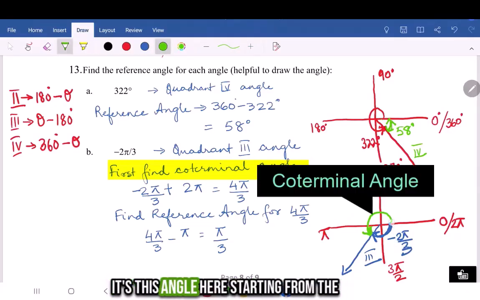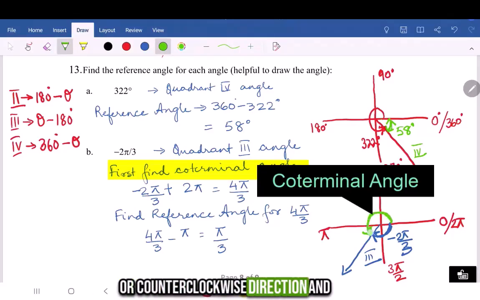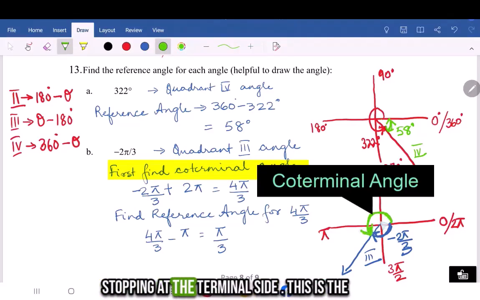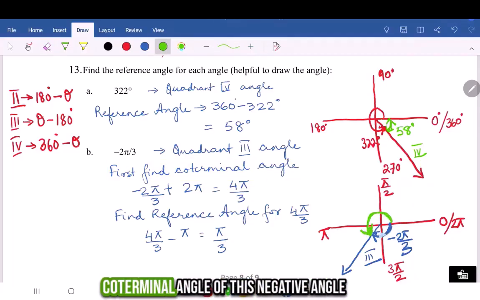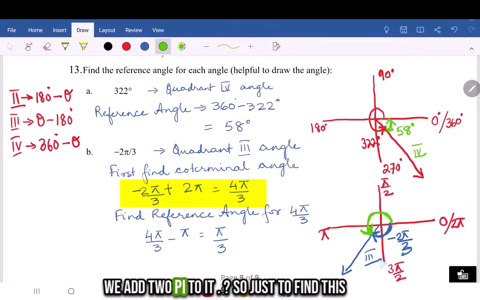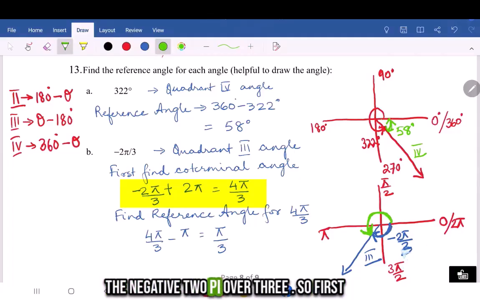So it's this angle here, starting from the positive x-axis, moving in the anti-clockwise or counterclockwise direction and stopping at the terminal side. This is the angle we need to find. To find the coterminal angle of this negative angle, we add 2 pi to it. So just to find this coterminal angle, we will add 2 pi to the negative 2 pi over 3.